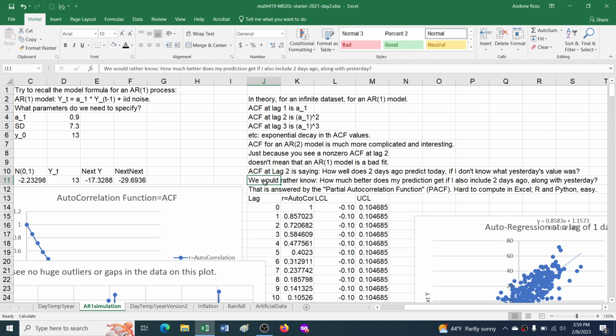How much better does my prediction get if I include the day before it as well? And the answer to that comes from the partial autocorrelation function, PACF, which is a real pain to compute in Excel. You basically need a plugin to do it in any automated kind of way, but it's built into the statistical routines in R and Python. So that will have to be its own other video.